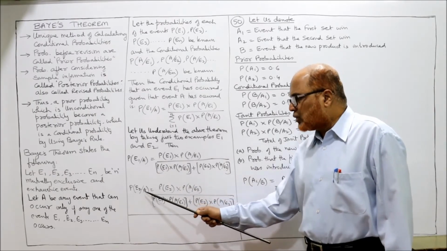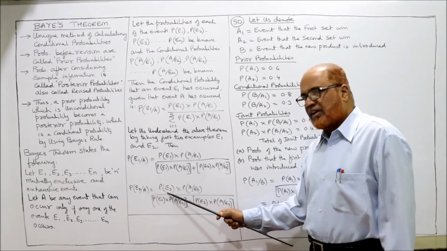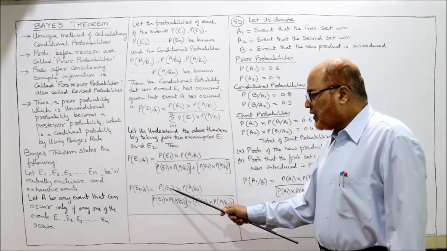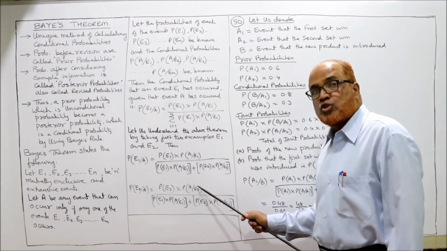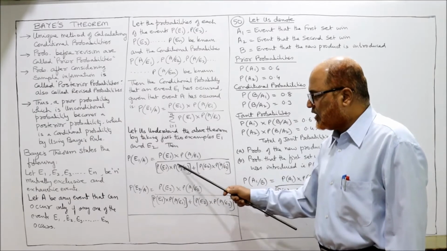Similarly, P of E2 given A is equal to P of E2 into P of A given E2. This numerator is the joint probability, divided by the sum of the joint probabilities, the same total, the same denominator.